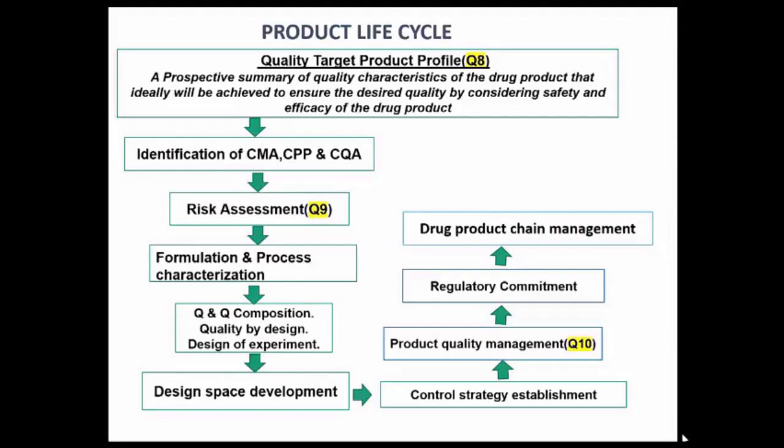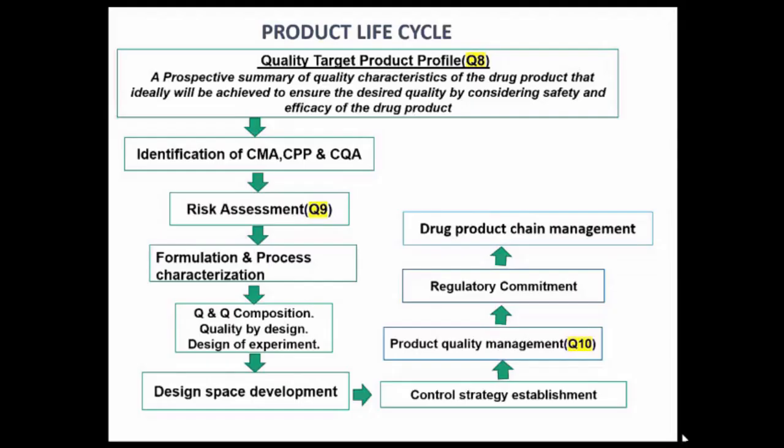Then you go for process characterization. Is my technology suitable for other phase studies? It should be process friendly, process feasible, shop floor friendly. Thorough evaluation is required. Then you have to finalize the formulation and process characterization.